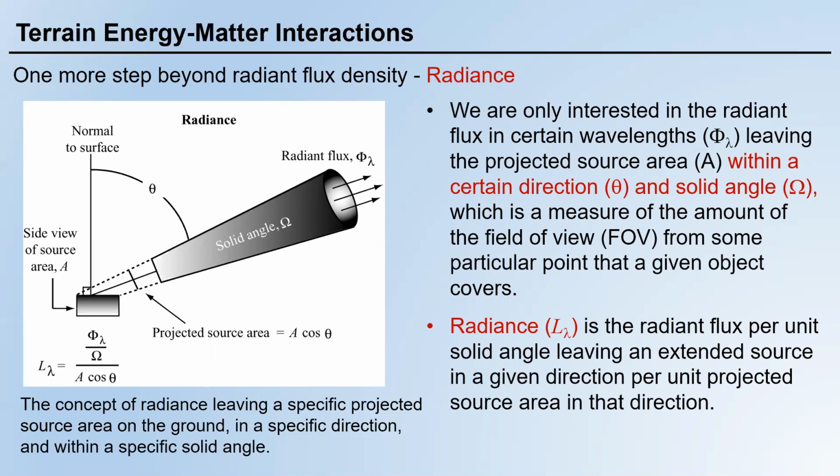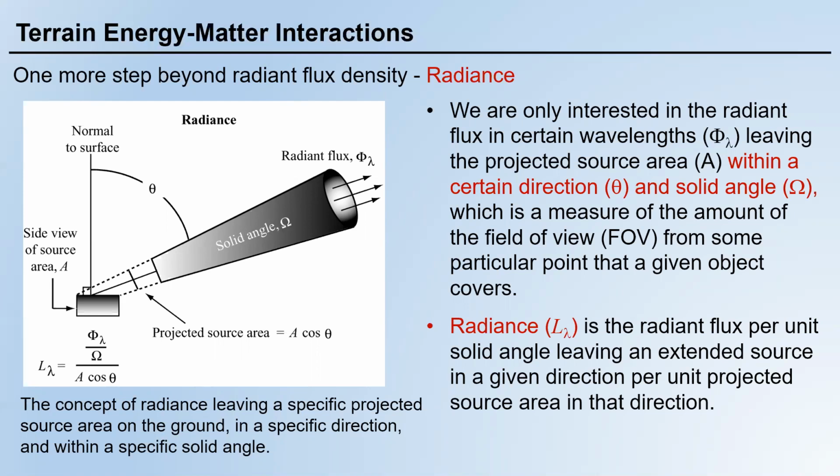So irradiance is the energy per unit area. Radiance is irradiance per unit angle. Okay, and angle here is used to address direction.